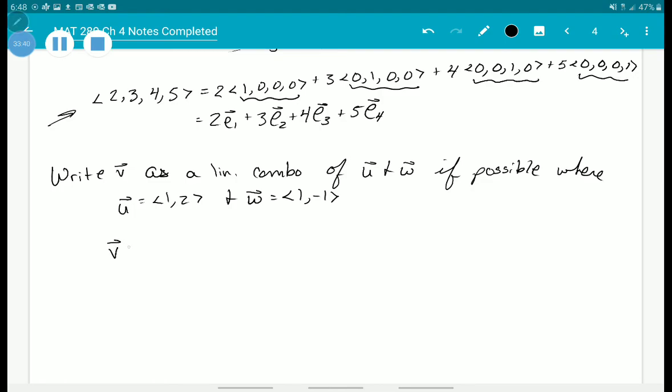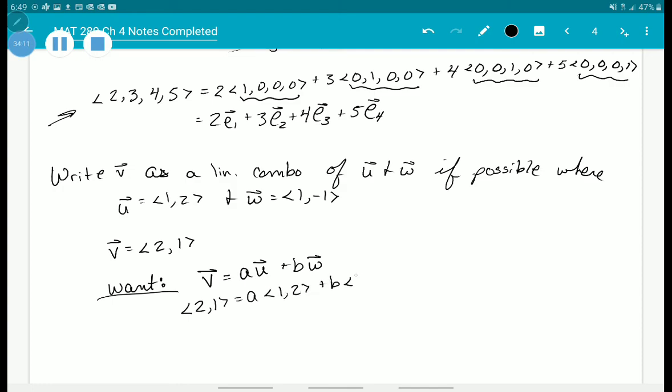So here's our v. We're using the vector 2, 1. When we talk about linear combinations, we're talking about what's the value of the scalar. So we want v to equal some number times u plus another number times w. So our v is 2, 1. We want that to equal a times vector u plus b times vector w.